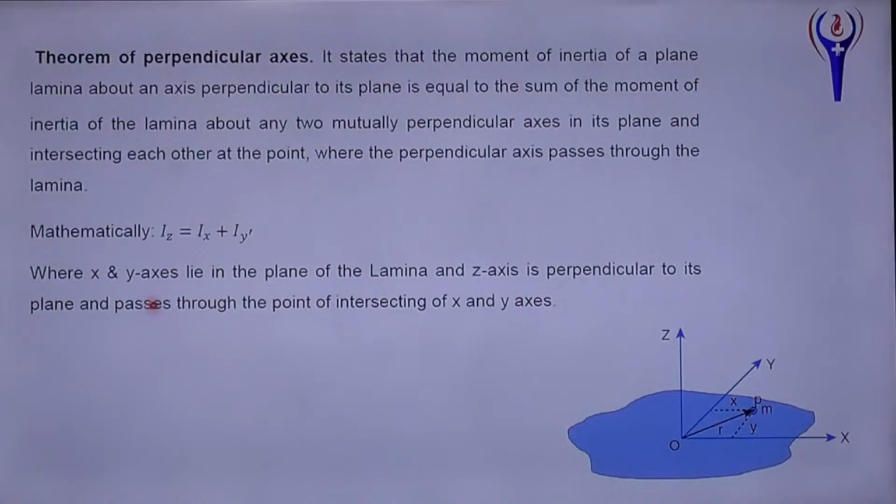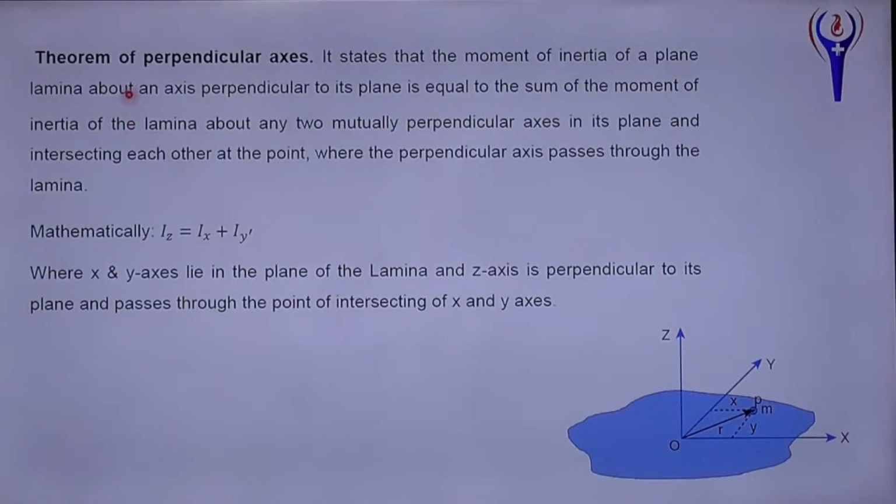Here, x and y axes lie in the plane of the lamina, and the Z axis is perpendicular to its plane. A lamina is just a thin sheet, a thin layer. The x and y are along the plane, and Z will be perpendicular to the plane, passing through the point of intersection of the x and y axes.